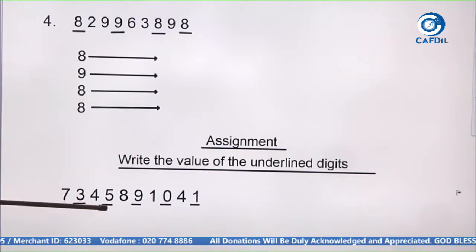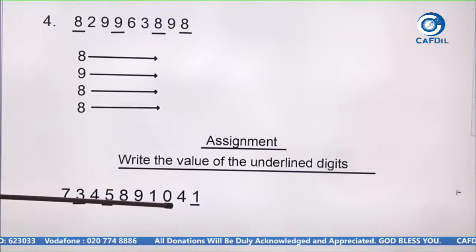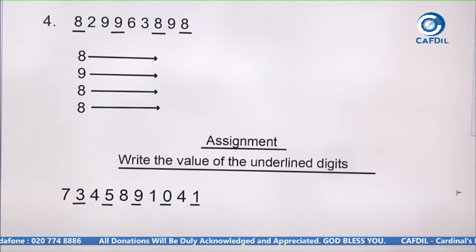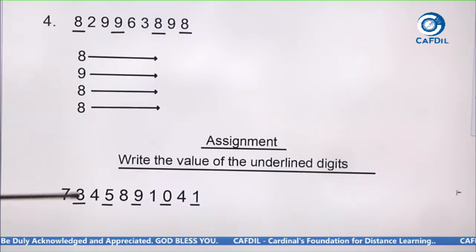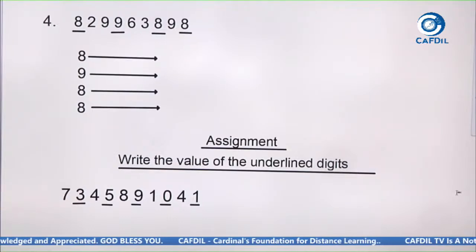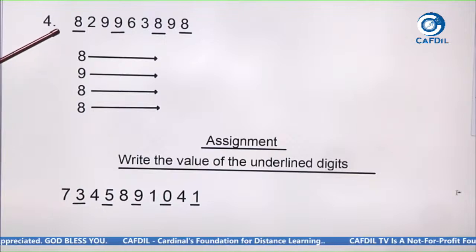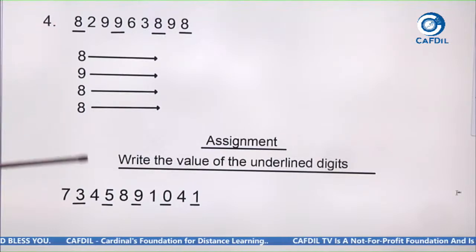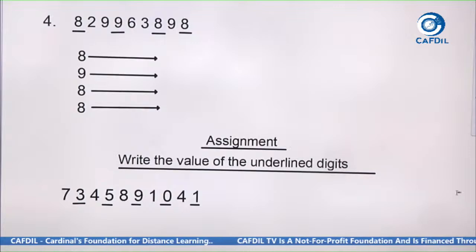You have 3, 5, 9, 0, and then 1. You are going to write the value of all the underlined digits over here. So quickly copy it into your exercise book. Do it. And then when we meet again next time, I'll give you the answers. You compare it with yours and then you mark it.